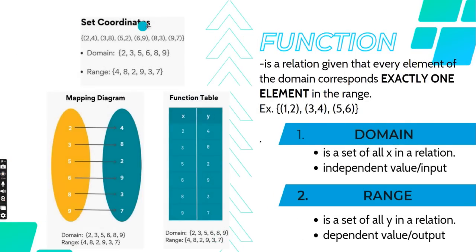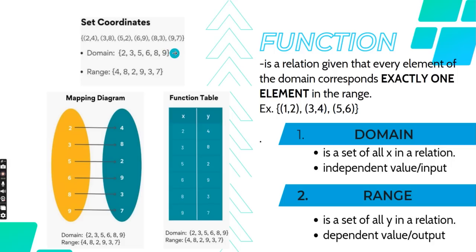Let's go to the set of coordinates. So we have (2, 4), (3, 8), (5, 2), (6, 9), (8, 3), (9, 7). We get the domain. So the domain is the set of all x values: 2, 3, 5, 6, 8, 9.